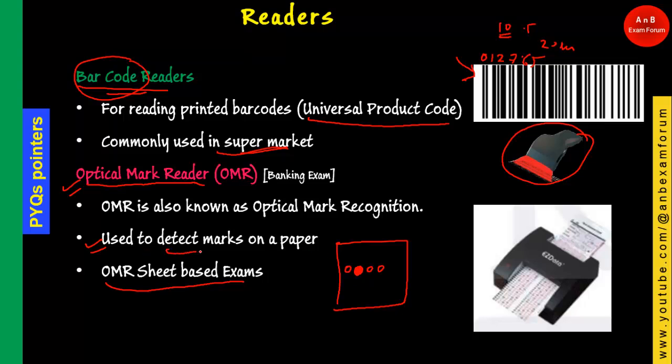Basically, it detects the specific density of marks on the paper. That paper is generally called an OMR sheet. This is one such device, called OMR, optical mark reader, or sometimes optical mark recognition. So these are the two readers, very important input devices, which are generally asked in the exam.